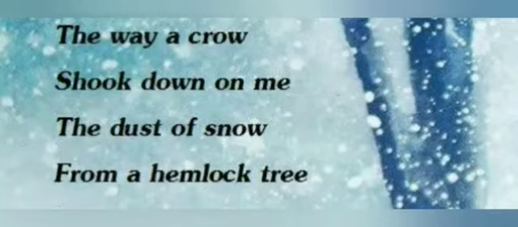Now this stanza contains two specifically mentioned words. The first word is crow and the second word is hemlock. Both of the words crow and hemlock signify sadness, bad omen. We all take them as negative things. As I explained at the very beginning of this poem, the poet was in a sad mood.